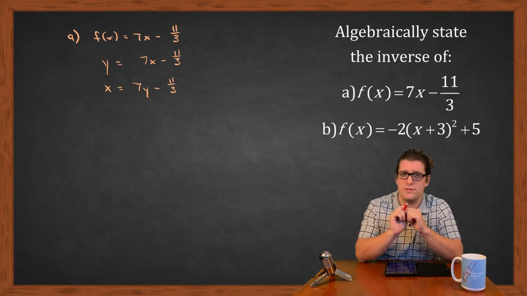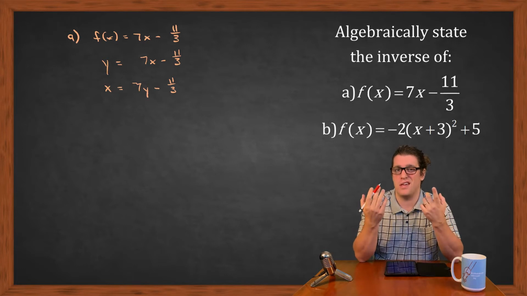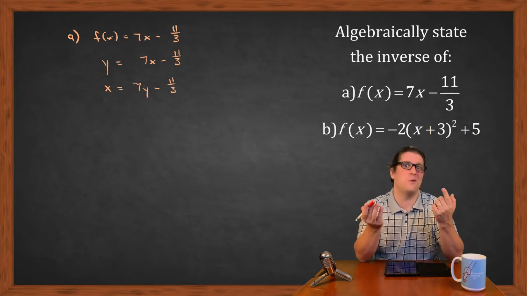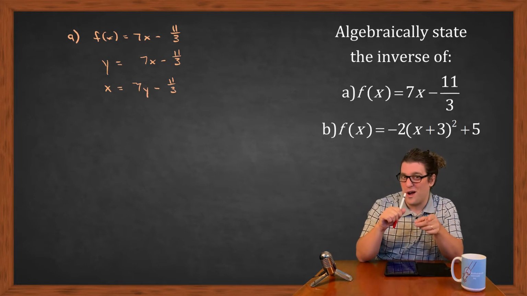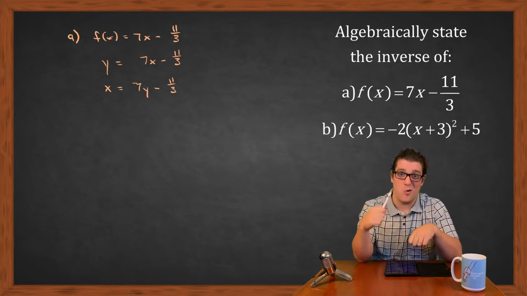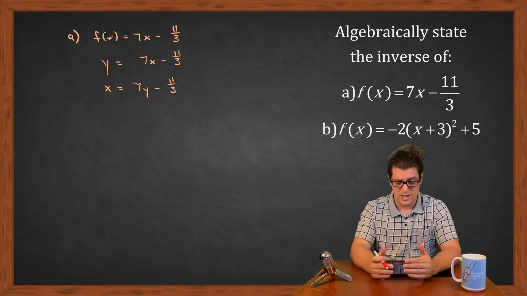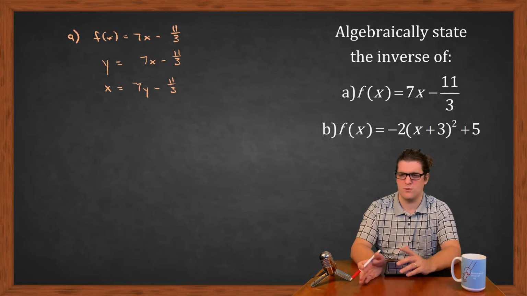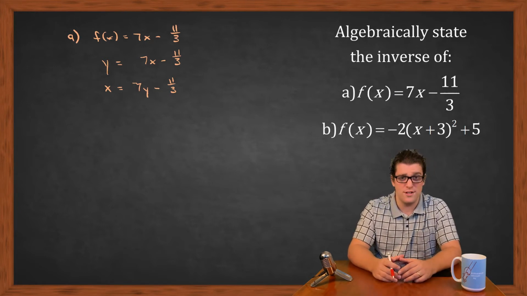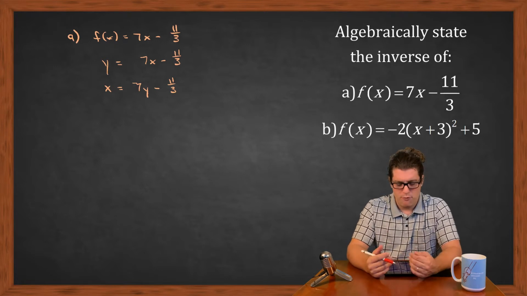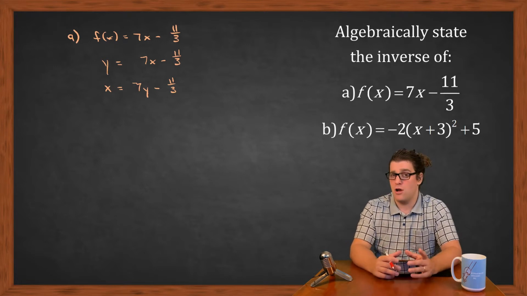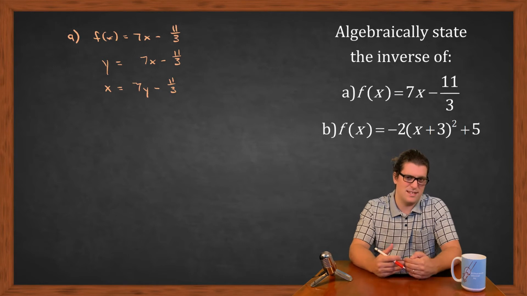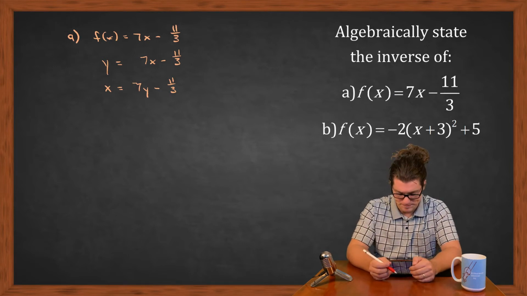And when you put those inputs in, it should give you the outputs being the old inputs. So your old y values should be giving back your old x values. We can kind of force that to happen by just switching the x and the y. We saw that graphically. We switched the x and the y coordinates of each point, and that worked out. If we do this algebraically, I'll tell you the reason why it at least seems to work from a logical point of view. What we're going to do is rearrange this for y.